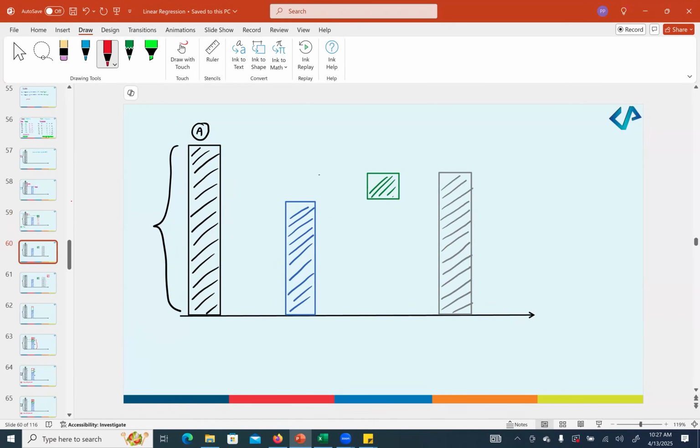That's correct, right? So this was the average. I added this much additional, because you told me that the person is male. So this became my final height. Let me write it down here. This is my total predicted height.